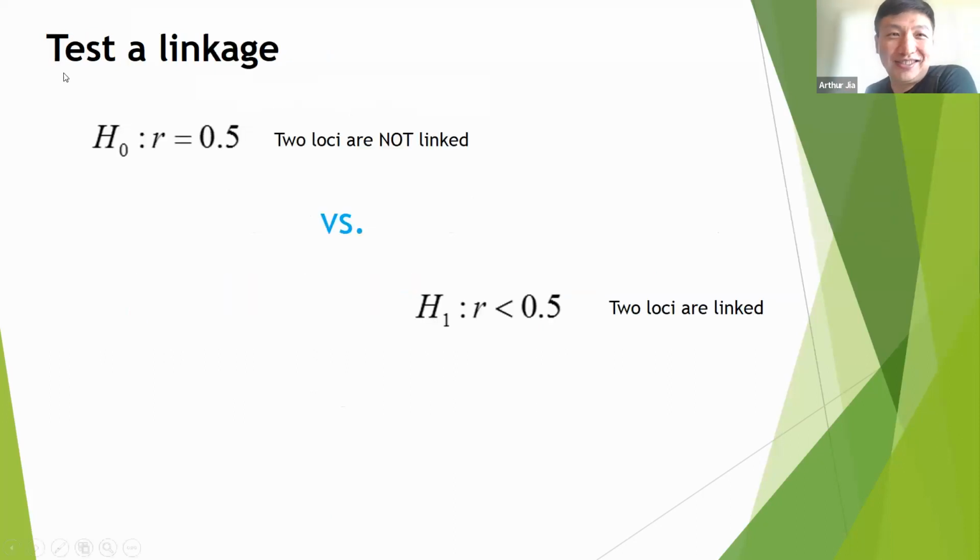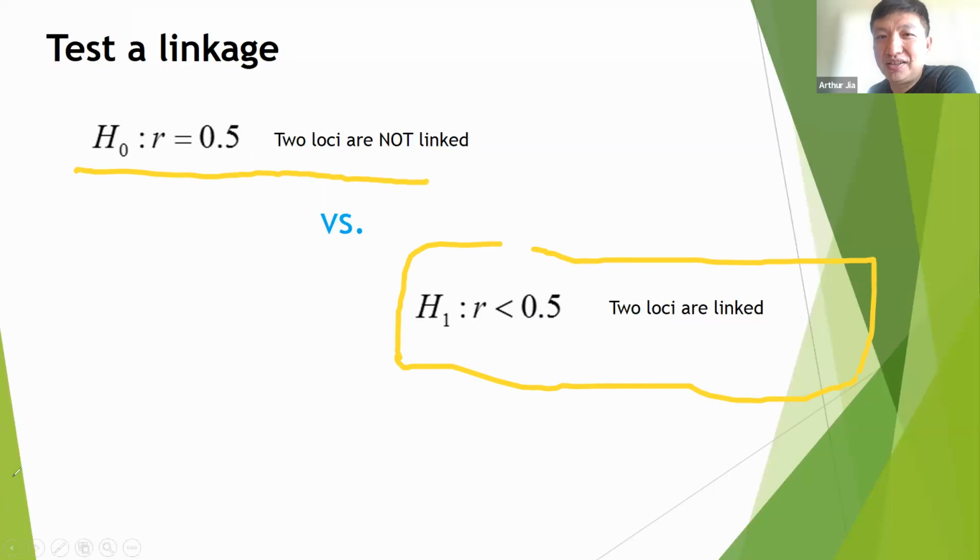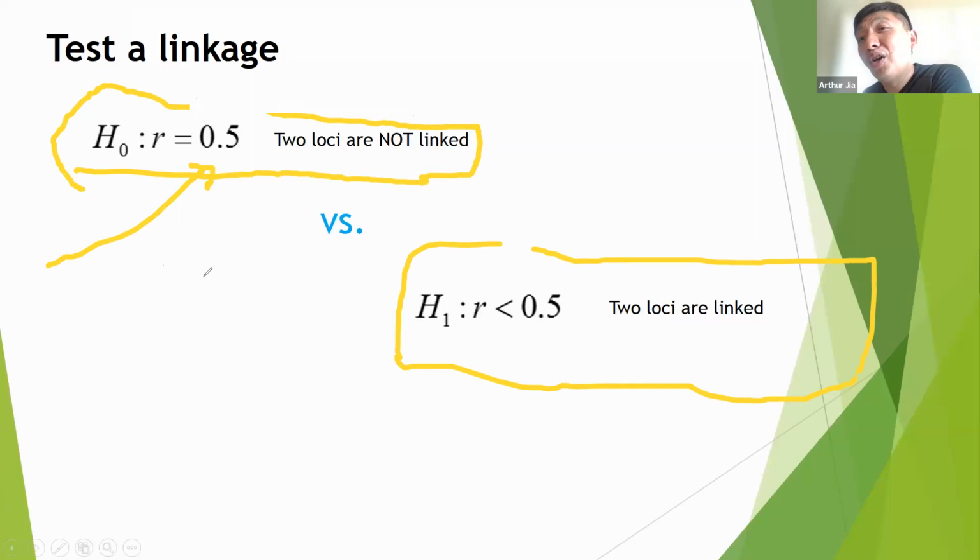Okay, here we want to test the linkage. As I mentioned, there are different ways to set up a test, but the most common way is that we put the easy case in the null hypothesis. We just test the null hypothesis and we don't touch the alternative hypothesis. Once we construct a test statistic, we accept the null hypothesis if the p-value is greater than 0.05, right? This is what we did in the past.